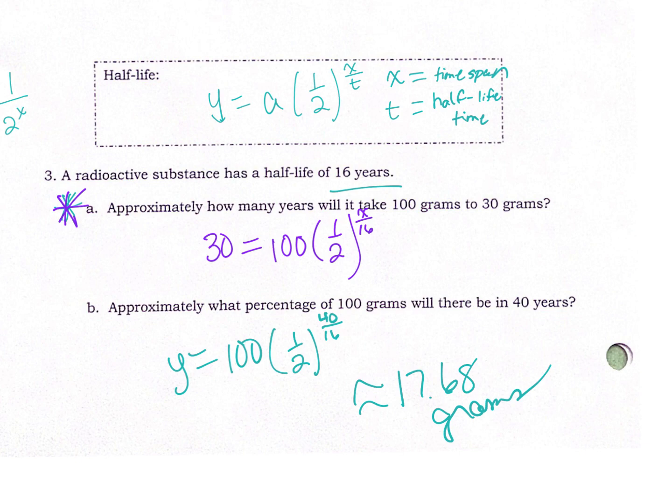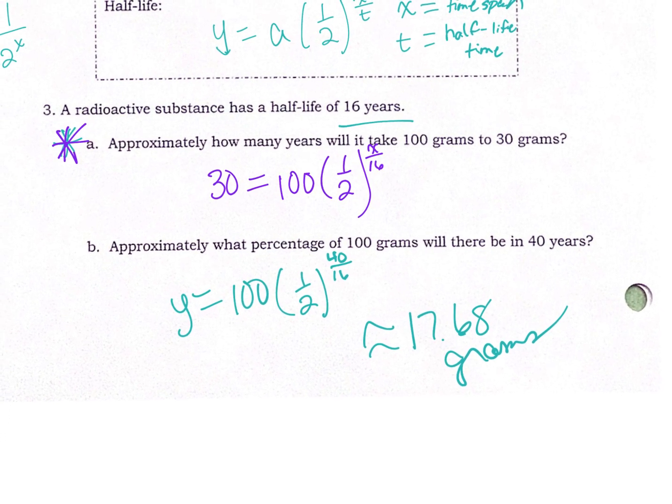So the other option for solving this particular type of problem at this point, because you don't know how to solve it, is we could graph this. We could plug it into our graphing calculator. We could plug in y is equal to 30, and y is equal to 100 times 1/2 raised to the x over 16, right? If we plot those two graphs on the same graph screen, then we can look at where they intersect.